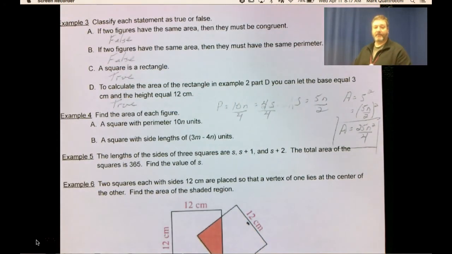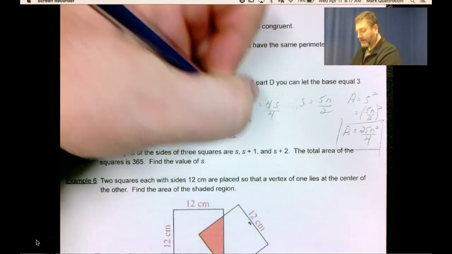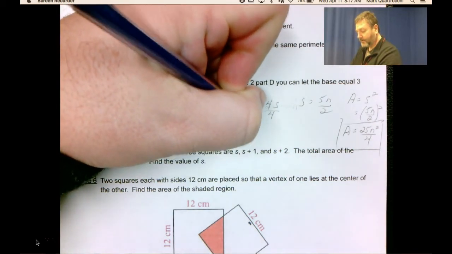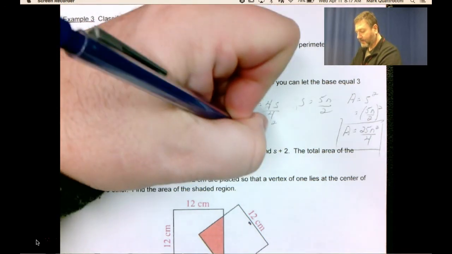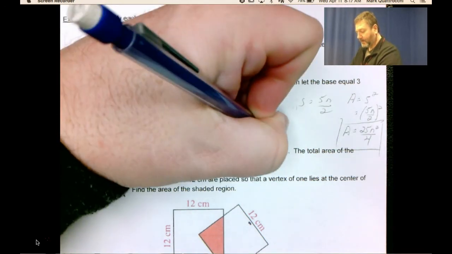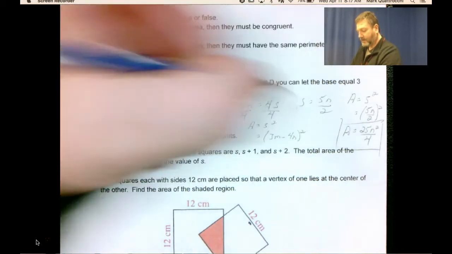for part A. Part B, a square with side lengths 3m minus 4n units, and we want to find the area of this. So again, area of a square is equal to s squared. So 3m minus 4n squared.